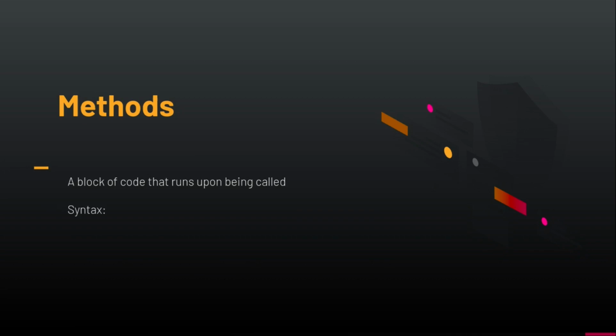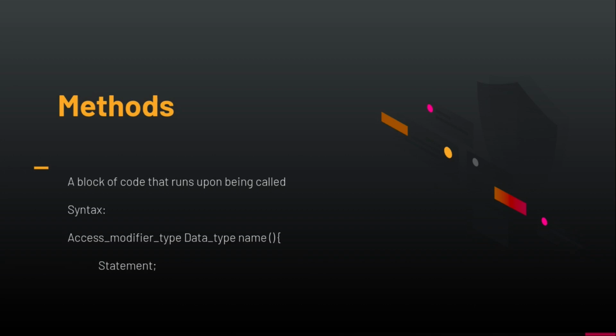Cool. Let's check out the syntax. You start by specifying the access modifier. This is just how accessible you want your method to be, and then you specify the type of data and then the name of the function. I know this might not be making sense on the slides, but when you go to code it will make sense. Then you open curly braces for the block of this method, and then you have statements.